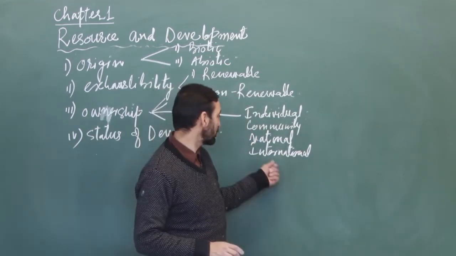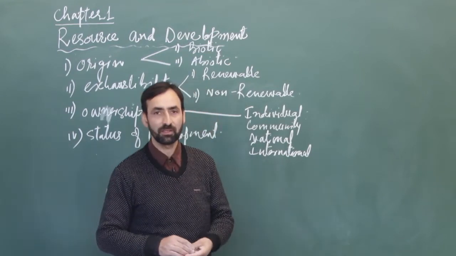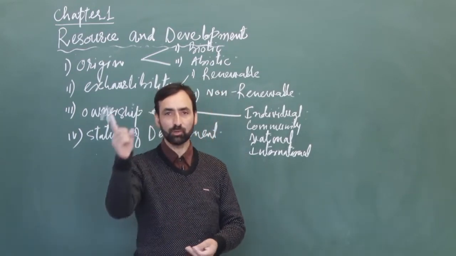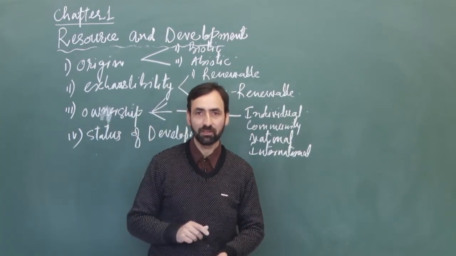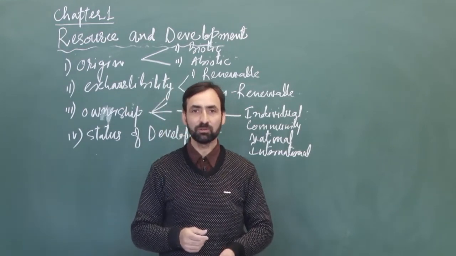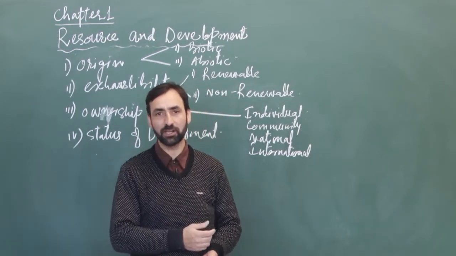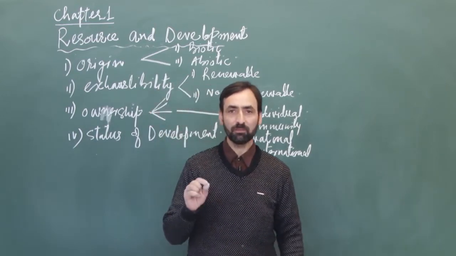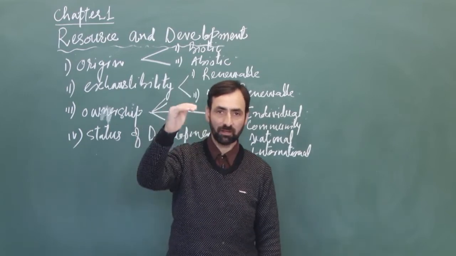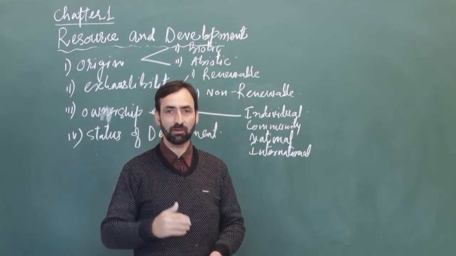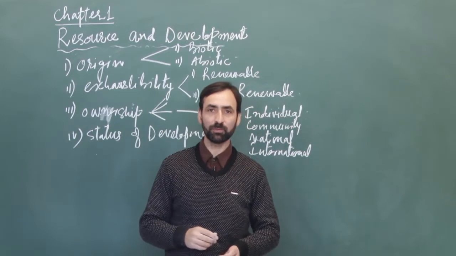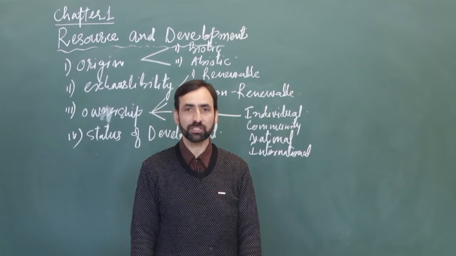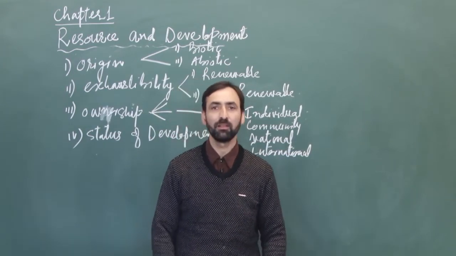International resources are those resources which are shared by different countries. Land resources cannot be shared, you know. There is a LOC in each and every country. One country cannot allow another country to extract its land resources. That is not possible. But air, used for the lifting of aeroplanes, and oceanic resources can be used at the international level.